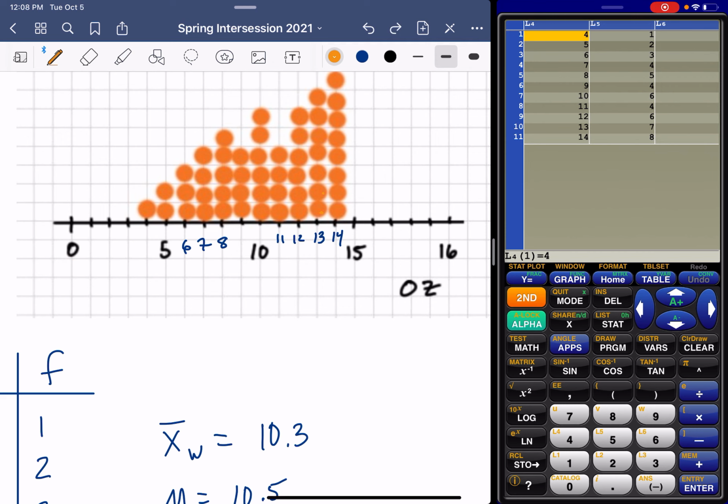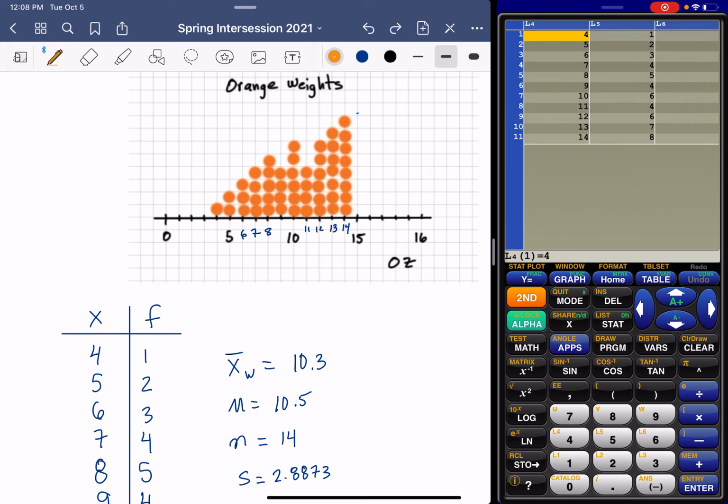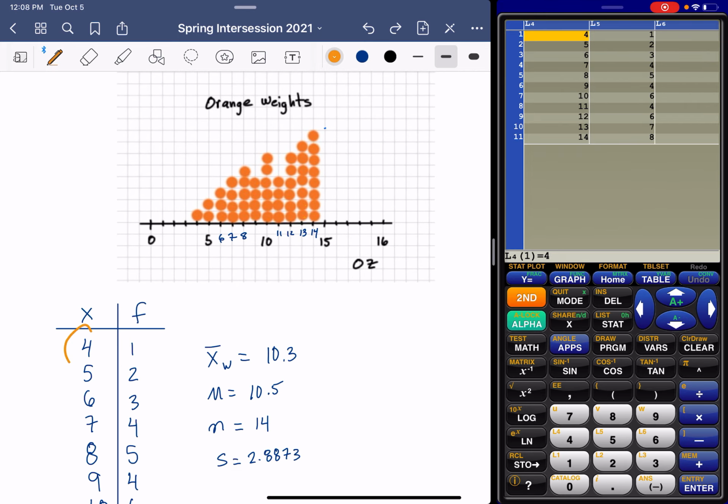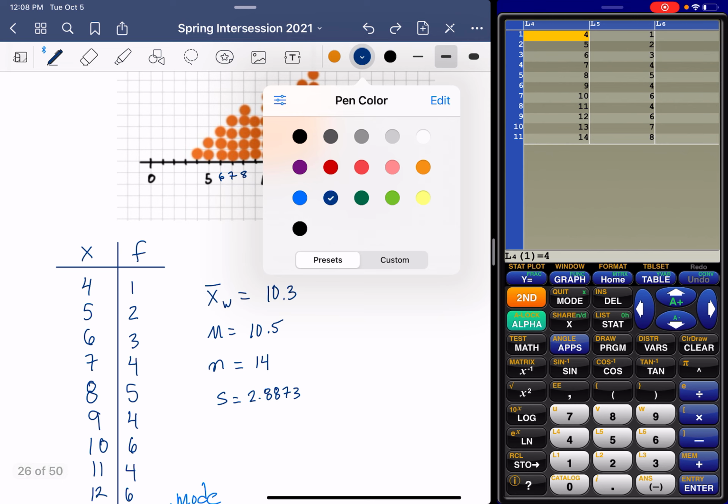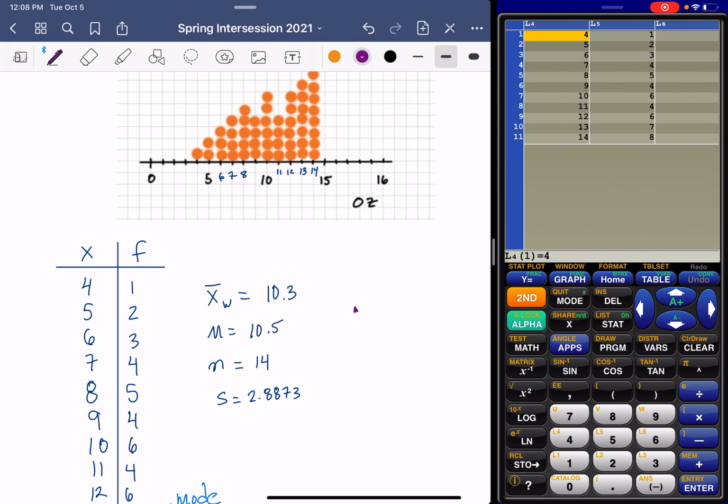How many 4s do you have? 1. How many 7s do you have? 4. Here's 7: 1, 2, 3, 4. So you can see that you do have these values.